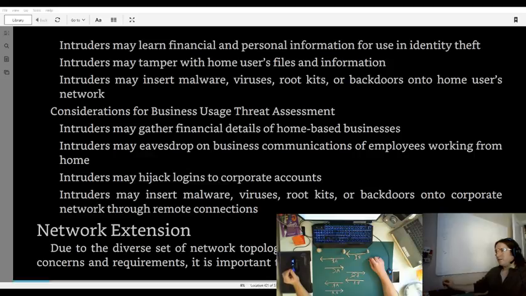Intruders may learn financial and personal information for use in identity theft. Intruders may tamper with a home user's files and information. Intruders may insert malware, viruses, toolkits, or backdoors into a home user's network.